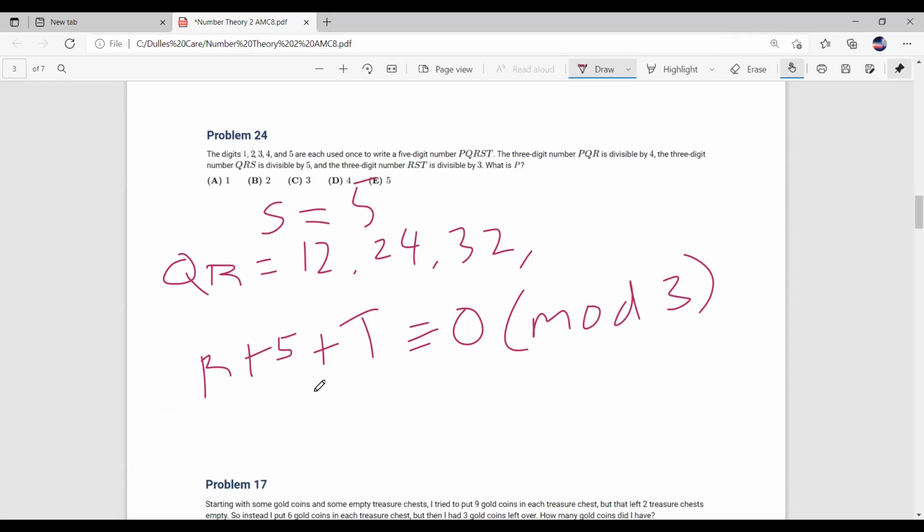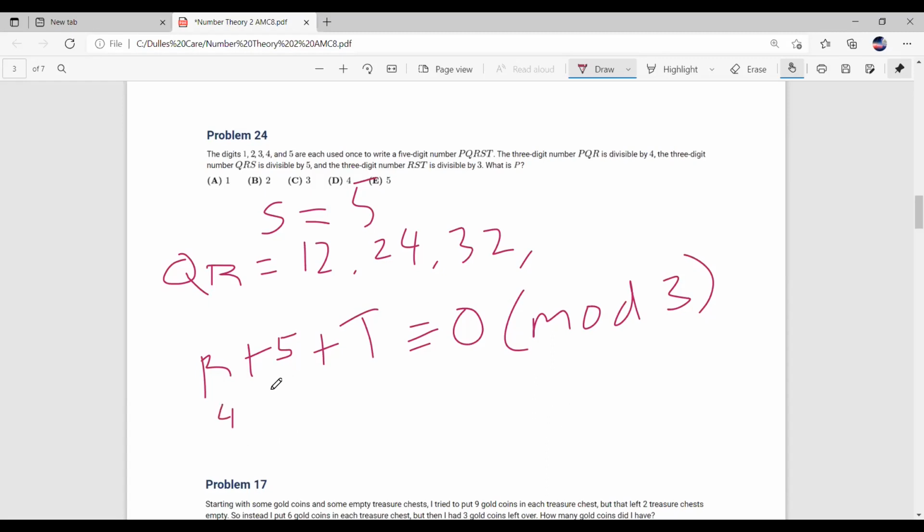That can't work, right? R and T can't both be equal to 2. So then let's look at 12. In that case, if R is equal to 2, then T is equal to 5. That can't work, right? S and T cannot both be equal to 5 via the given. So then R must be equal to 4.